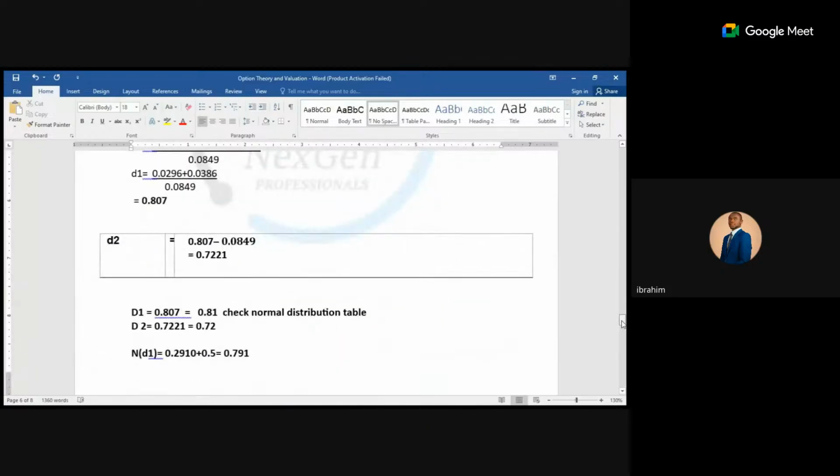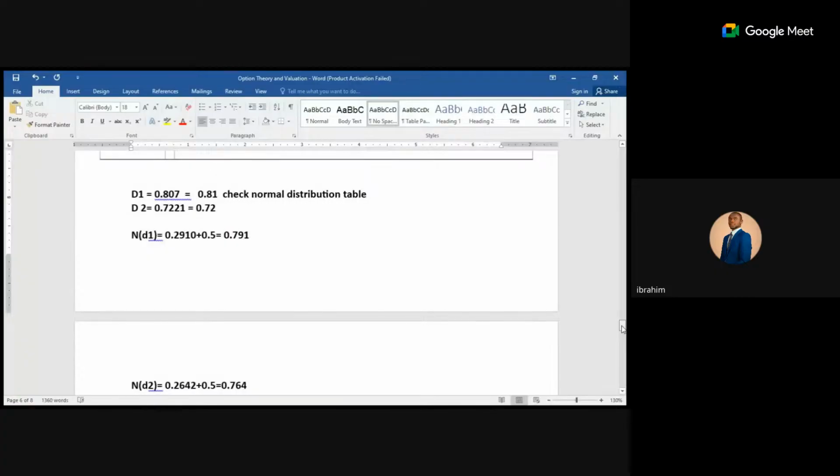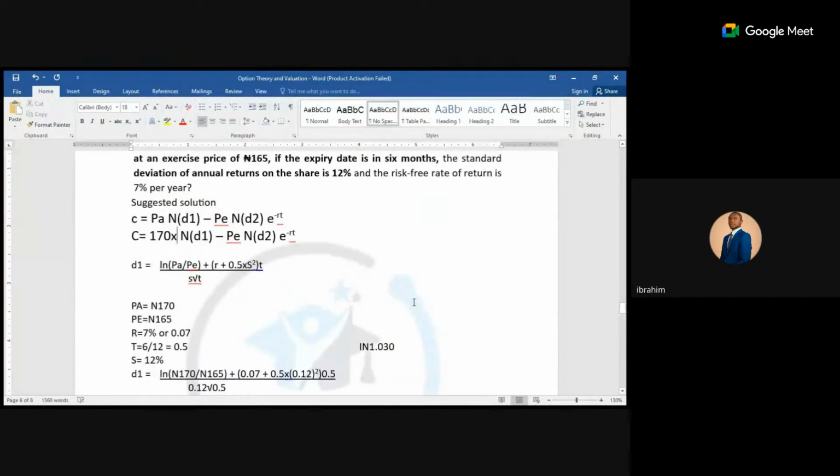What is ND1, class? 0.791. What is our PE? 165. What is our ND2? 0.7642. Multiply by 0.7642.